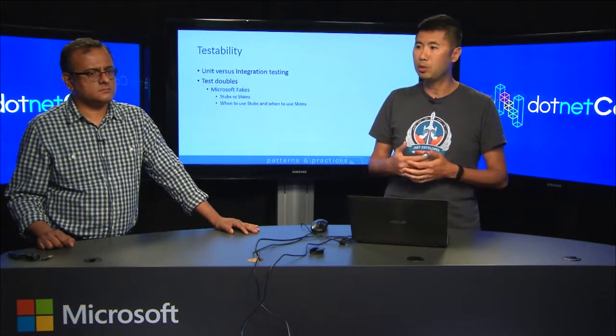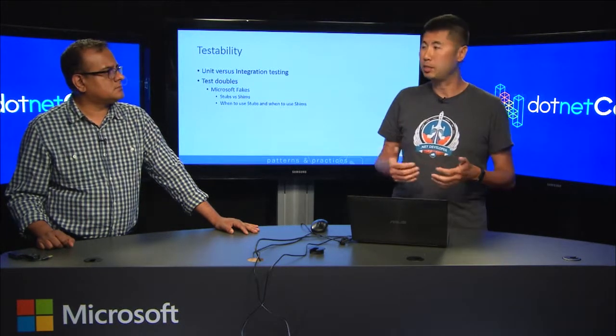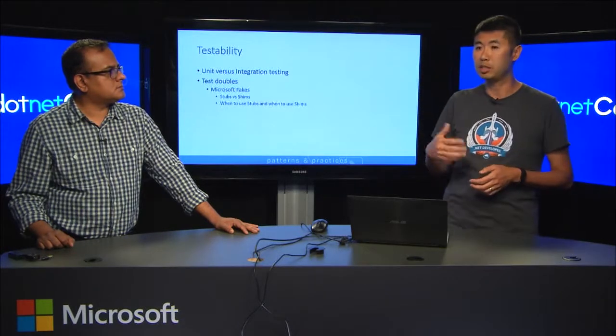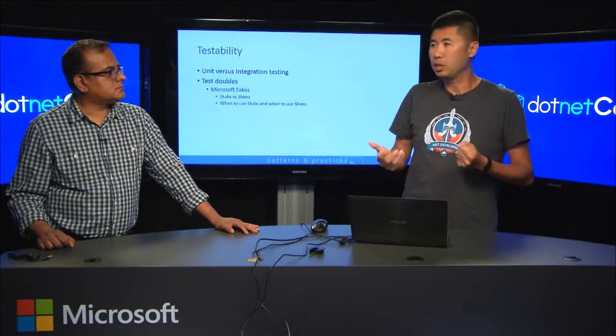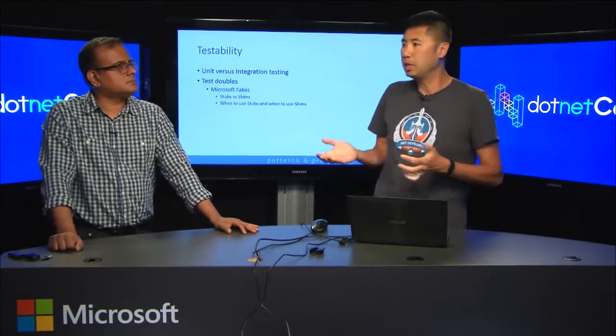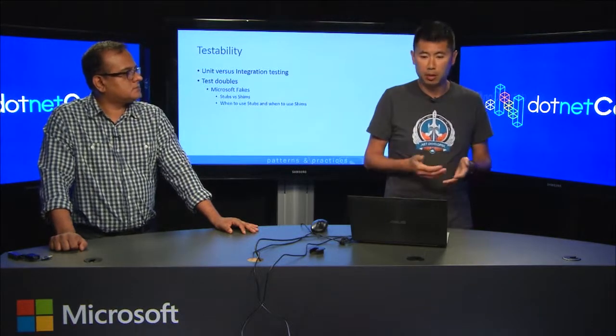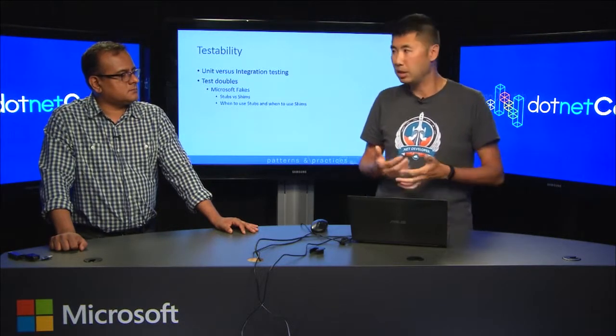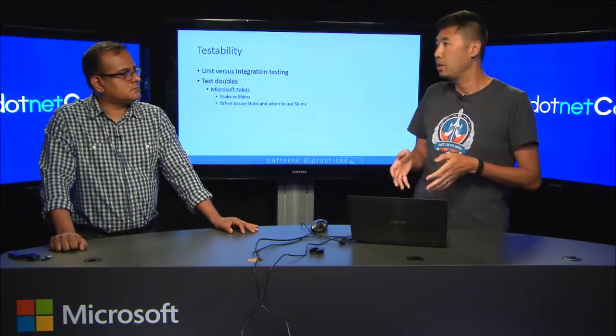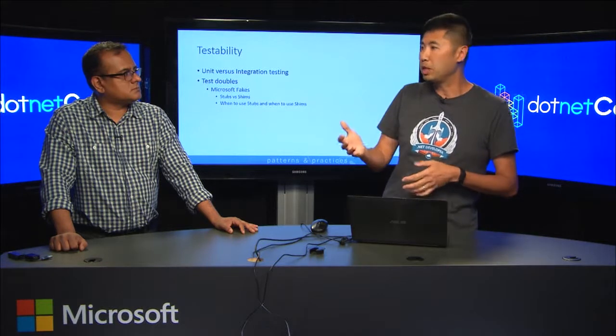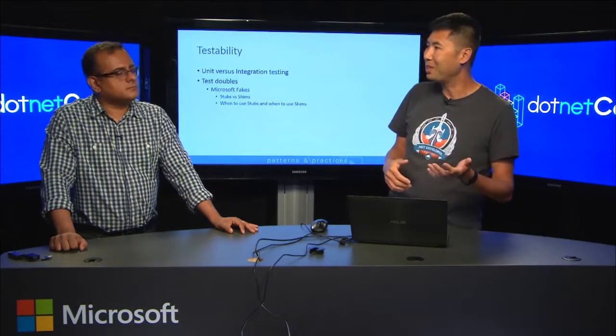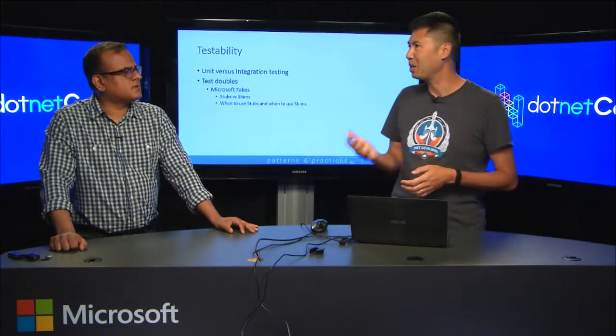Let's say there's code that you don't really control, that doesn't have an interface. For example, if you're calling statics, or you're getting an instance of something and you didn't control the instantiation. In that case, for example, DateTime.Now. The Now static method is not something you can control, and let's say your code does something different for different hours, on even hours does something, on odd hours does something different.